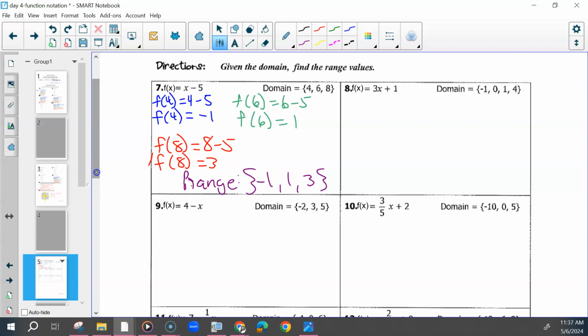We would actually put it in curly brackets. But the same way we did this in the table in Desmos would be the same way you do this. Do we have any questions on that? Are there any others on this page you want to go over and have questions about?